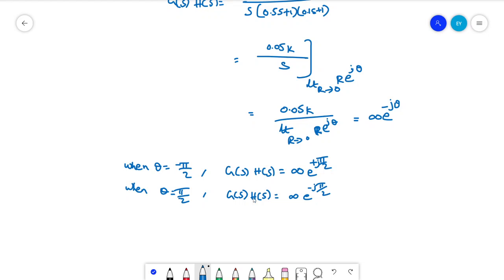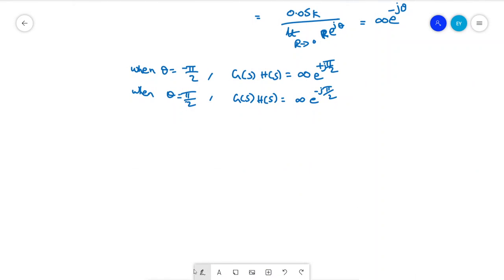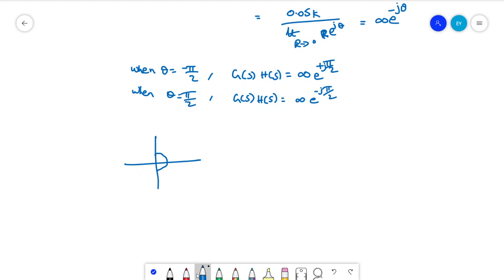Okay, so what does it mean? I'll just draw the s plane and the g of s h of s plane for this function, where it starts at minus pi by 2 to pi by 2, C4, where r is 0 in the s plane, on the j omega axis.